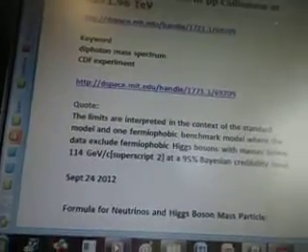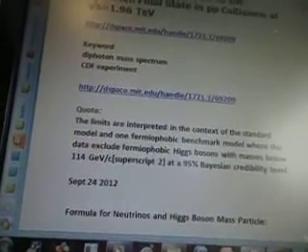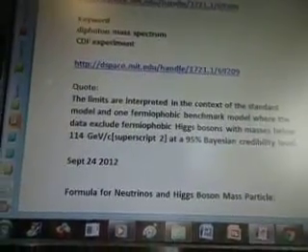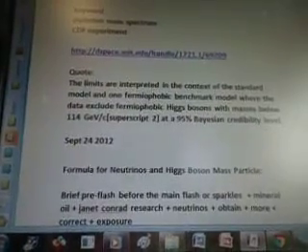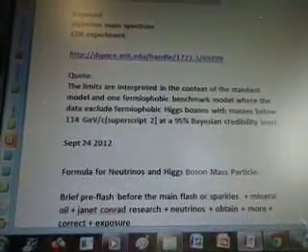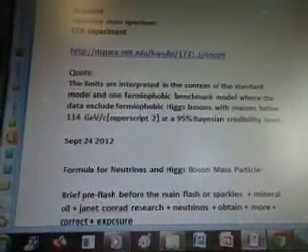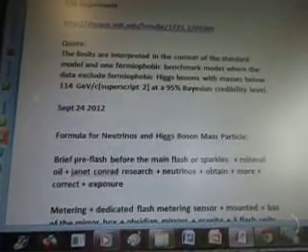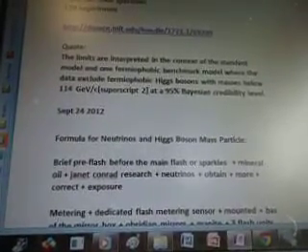The keywords: Diphoton mass spectrum and CDF experiment. Quote, the limits are interpreted in the context of the standard model and one fermiophobic benchmark model, where the data exclude fermiophobic Higgs boson with masses below 114 GeV/c² at 95% Bayesian credibility level.